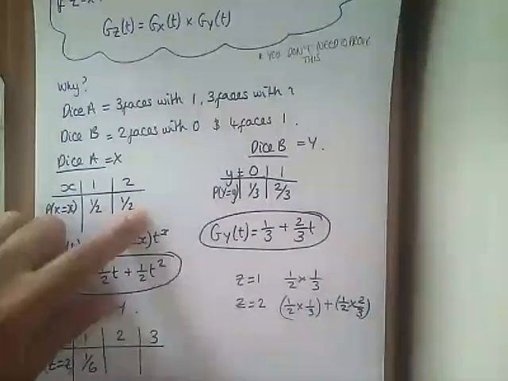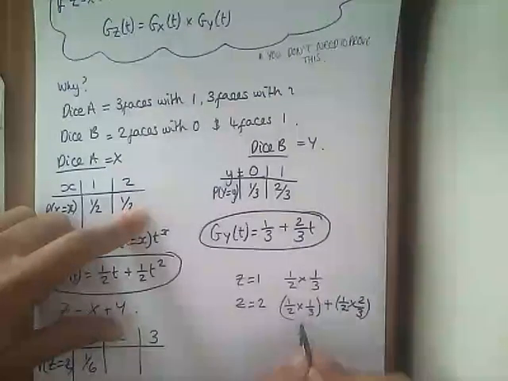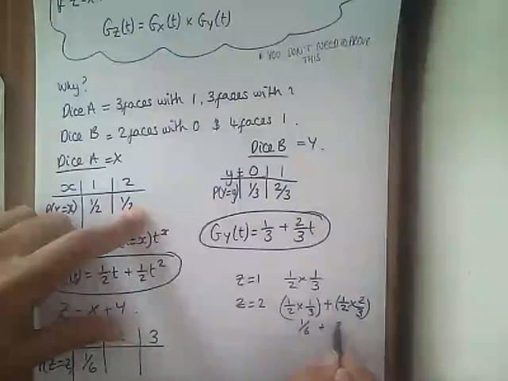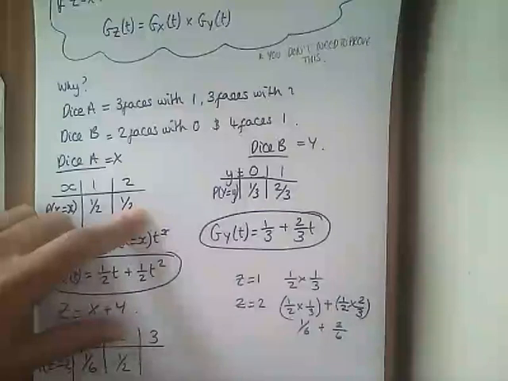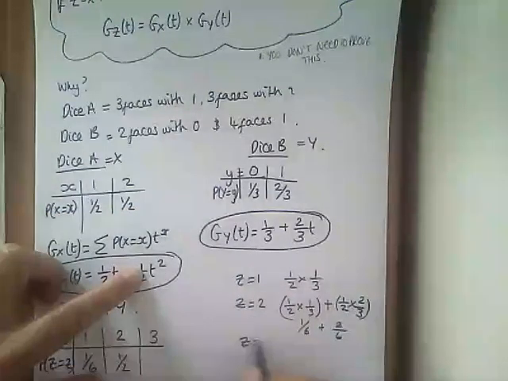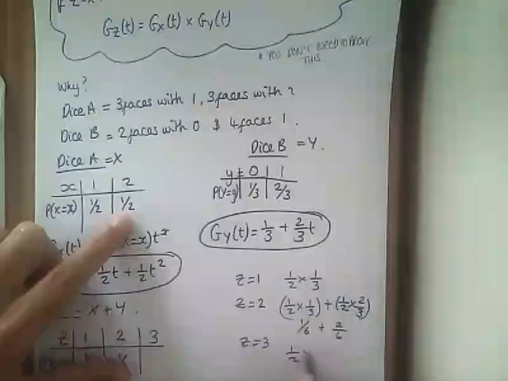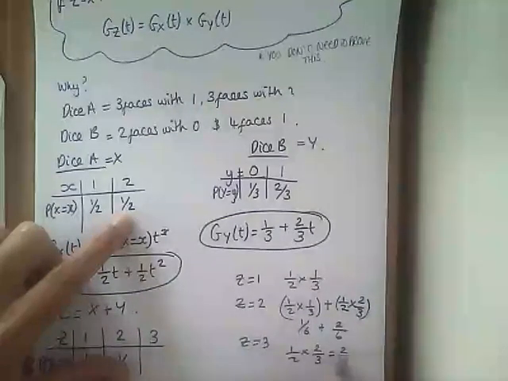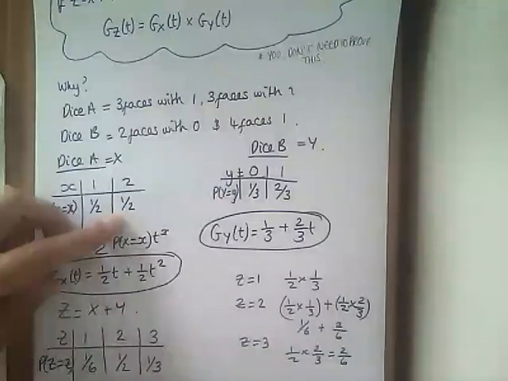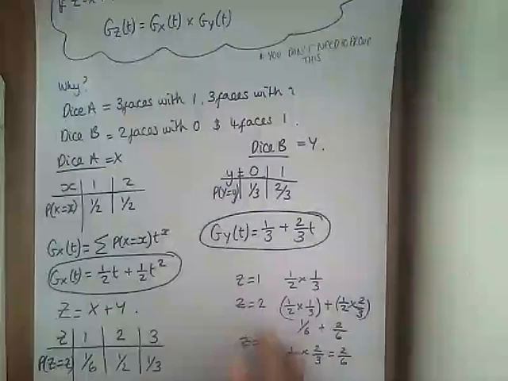That's 1/6 plus 2/6, which is 3/6, so a half. And to get a 3, we'd have to do a 2 here and a 1 there, so that's 2/6, which is a third. That is our probability mass function for Z.